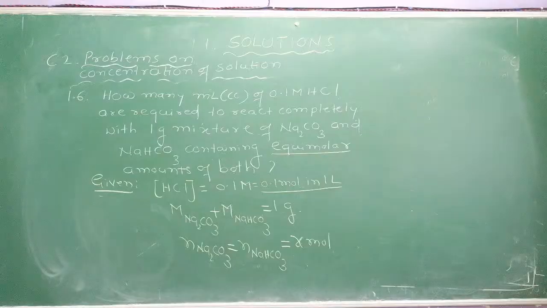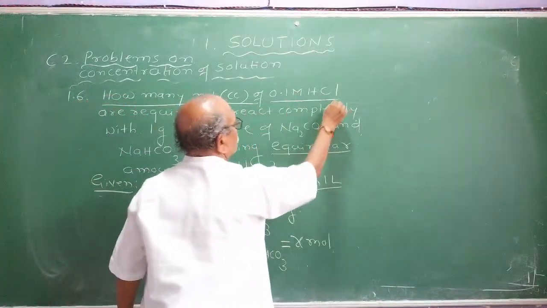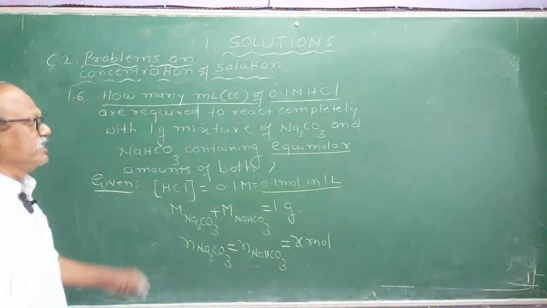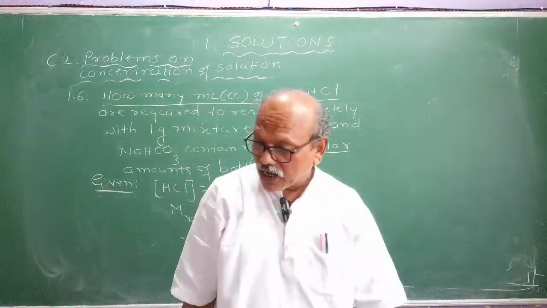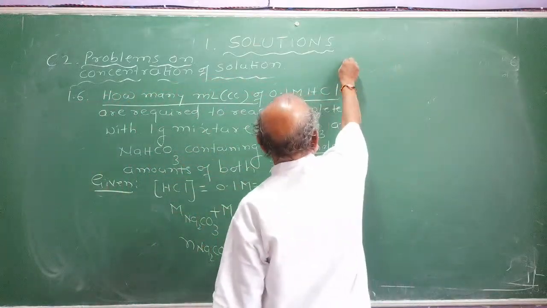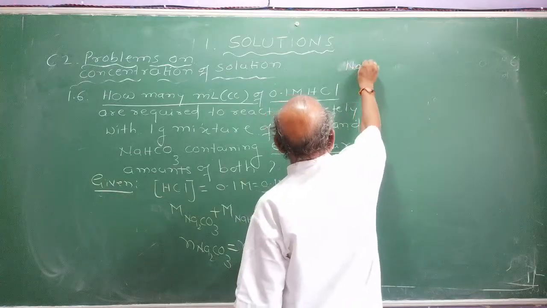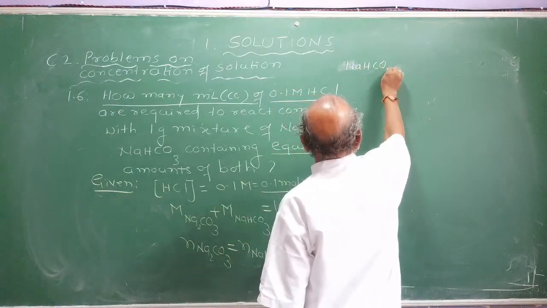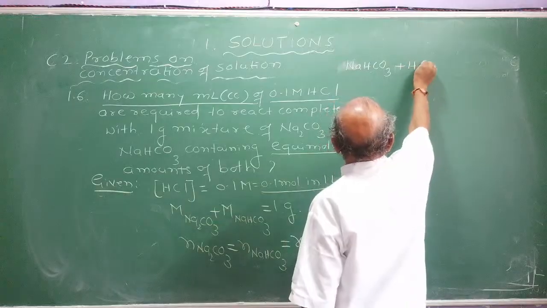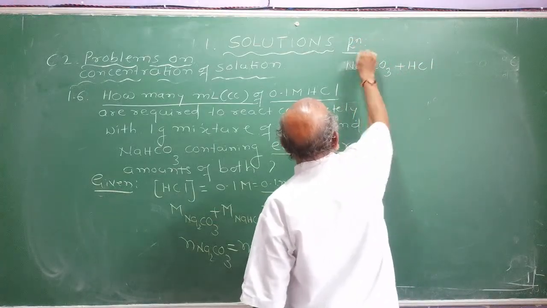Now, what is our aim? How many ml of 0.1 M HCl is required? For that, you have to see the reaction. Whenever carbonates and bicarbonates are treated with HCl, you must know to write the reaction, the stoichiometry. Whenever sodium bicarbonate reacts with HCl, write the reaction. If you write the reaction, you will understand a lot of things.